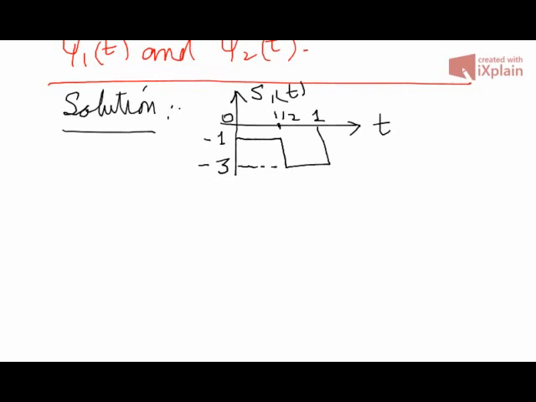And we have another waveform, S2 of t, which is +2 from 0 to half, and 0 otherwise. So we need to multiply these two.